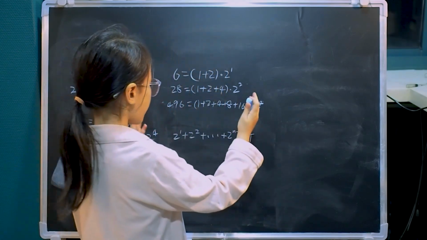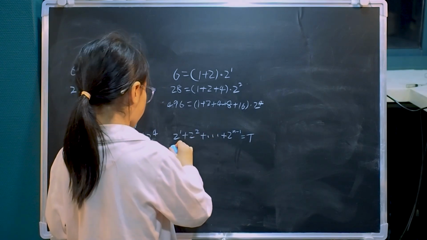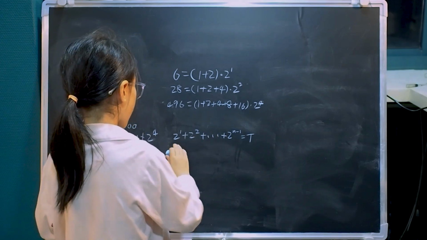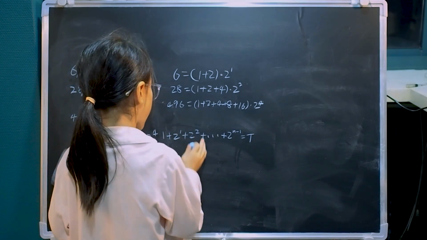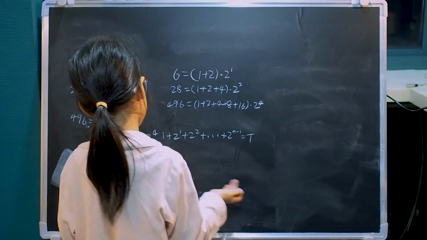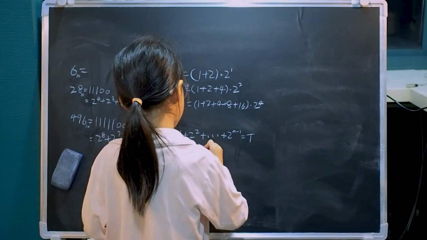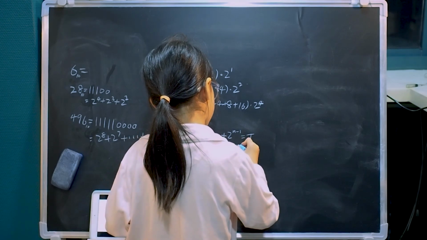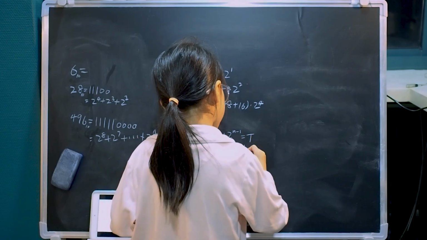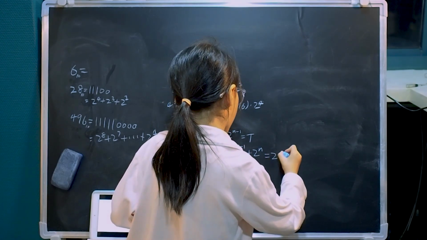Sorry, here is the 1 plus this one. Now we can multiply both sides by 2, so we get 2 to the 1 plus 2 to the 2 plus and so on plus 2 to the n minus 1 plus 2 to the n, which is equal to 2 times t.